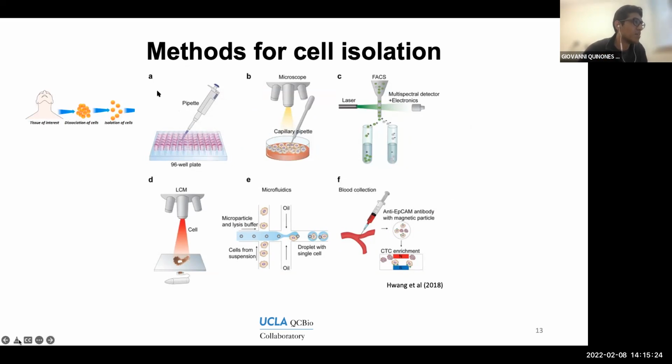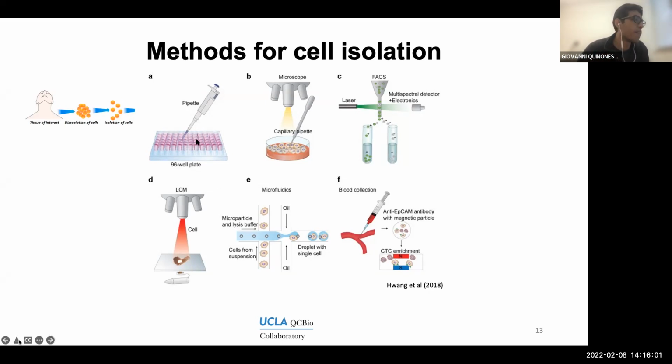The first one uses a 96-well plate and a pipette. This is one of the pioneering methods, which I also briefly mentioned before. You start with an individual well that contains your cell suspension, and you start serially diluting as you move across the plate, up to a point where the concentration of cells in the well is going to be either 1 cell or 0 cells.